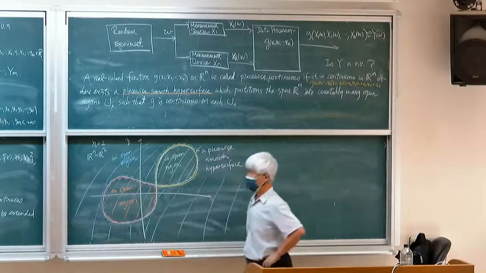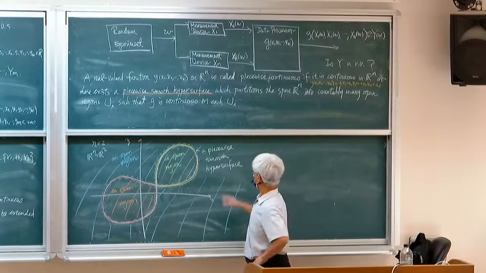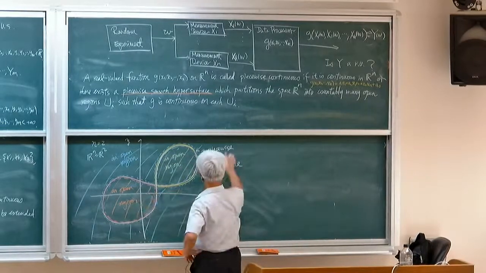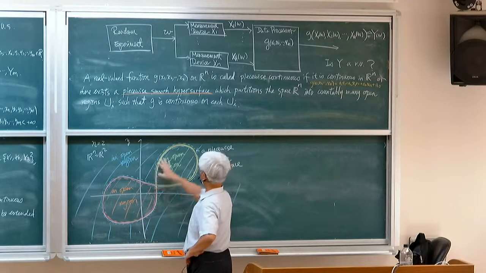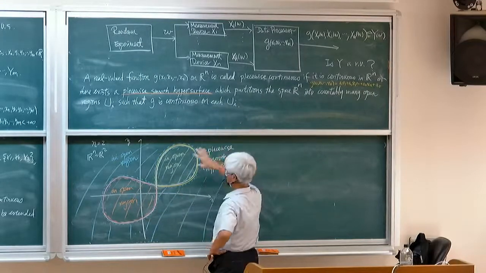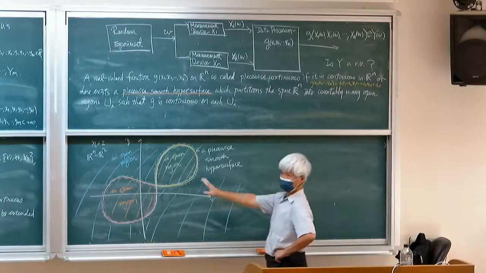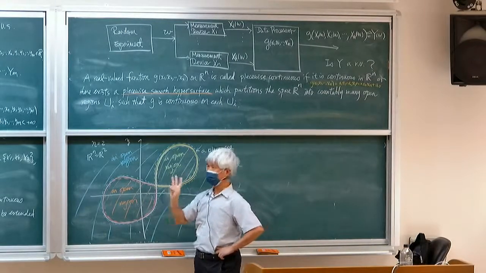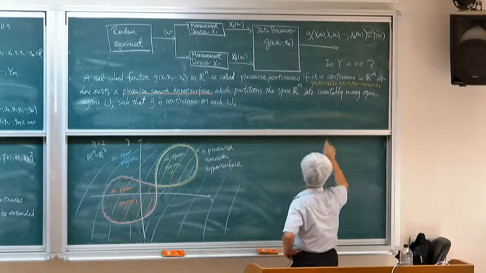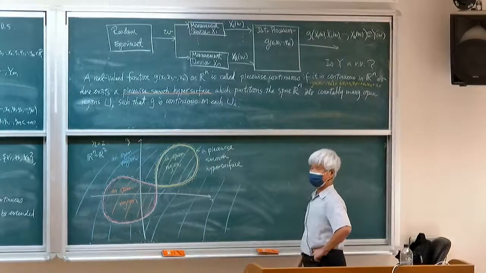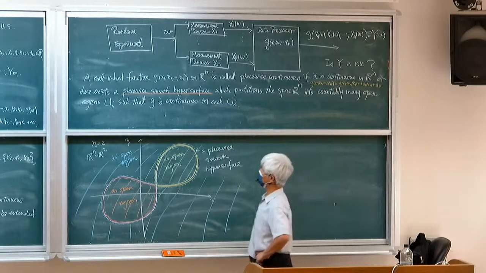So this piecewise smooth hypersurface will partition the plane into countably many open regions. Here we just have 3.